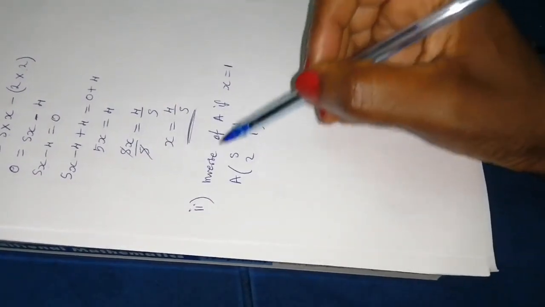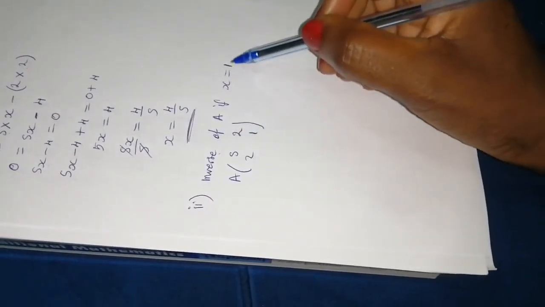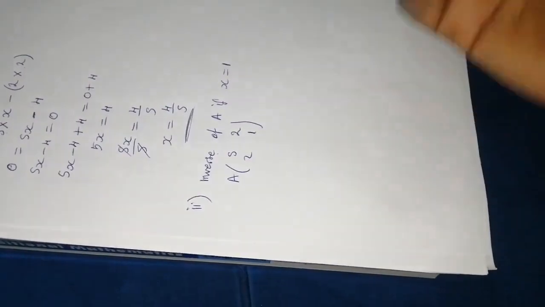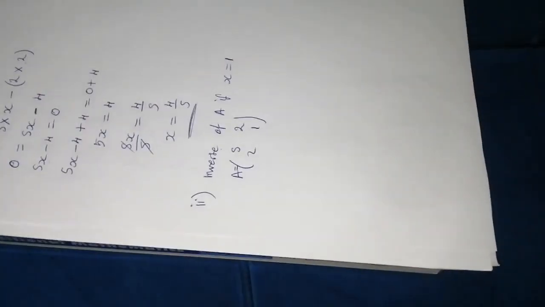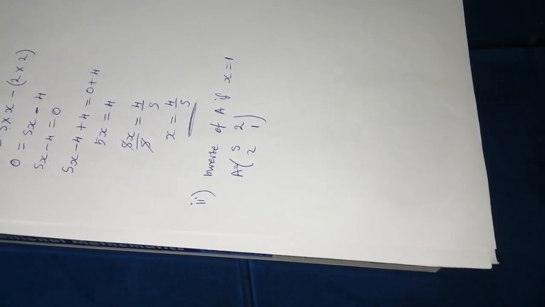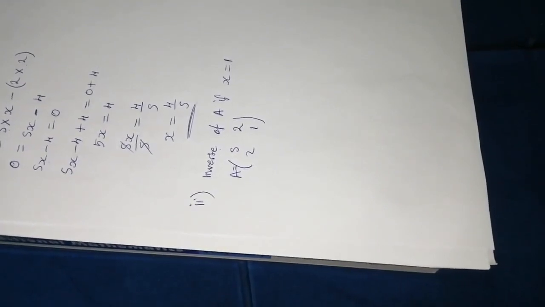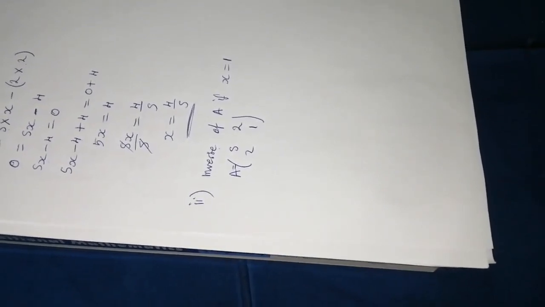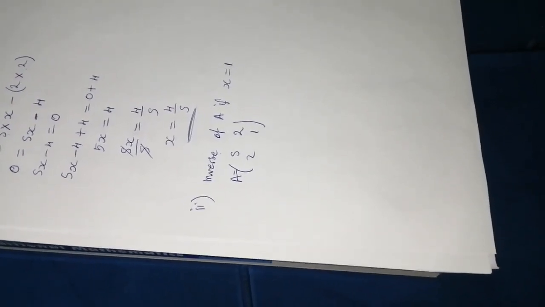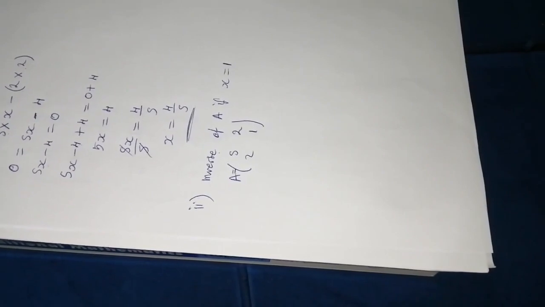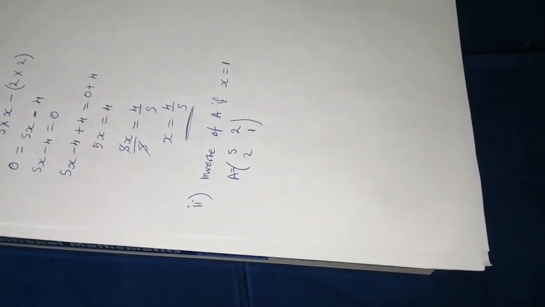So to find the inverse, we are told that x is 1. So put 1 where there is x. Okay, so for us to find the inverse, we need the determinant. And in this case, the determinant is not given. What is given is the value of x. It's the opposite of what we've been doing in the previous questions.